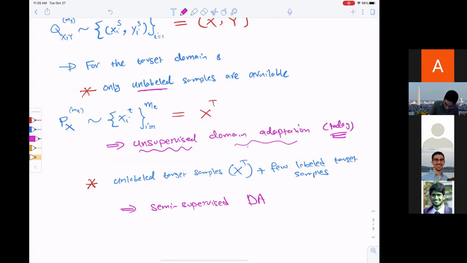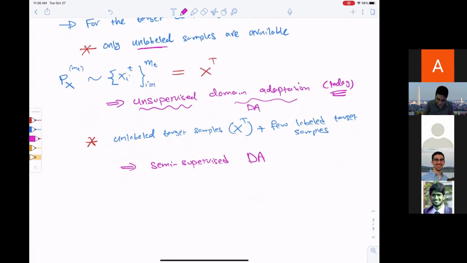Domain adaptation, I'm going to show with DA. We'll see if we have time to cover this or not, but I want to highlight that this is an interesting problem as well.